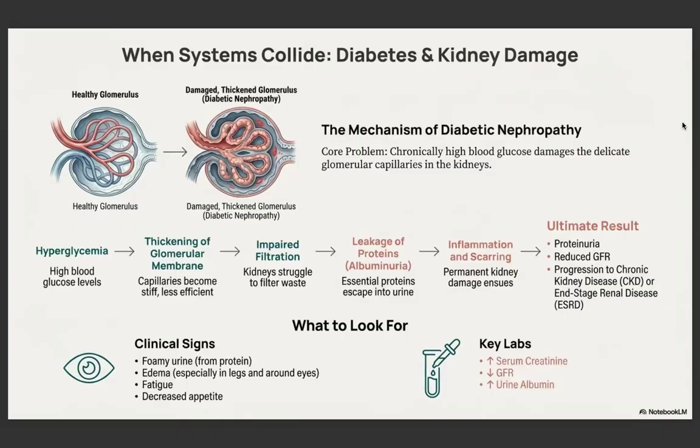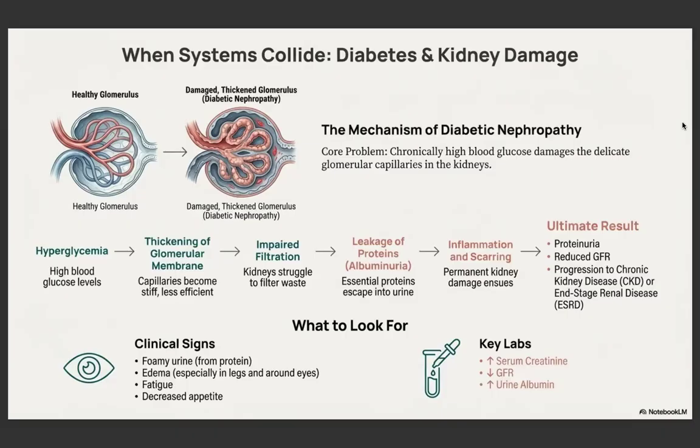Then, because the glomeruli are so important for filtration, it's putting too much pressure on that area, which impairs the filtration, and then it's going to cause the kidneys to not be able to waste things properly.